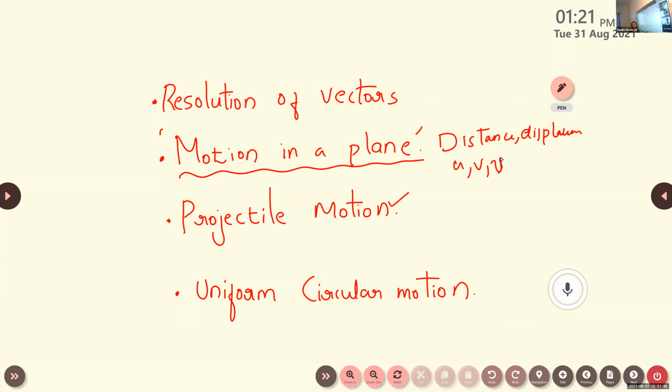The same 3 equations of motion are going to be derived for an object that is moving in a plane. Then we discuss one of the applications of motion in a plane, projectile motion. After that, the last topic of the chapter is uniform circular motion. So this is the picture of the chapter.